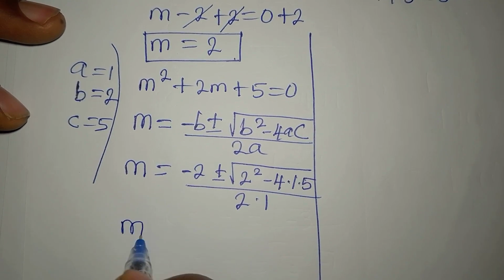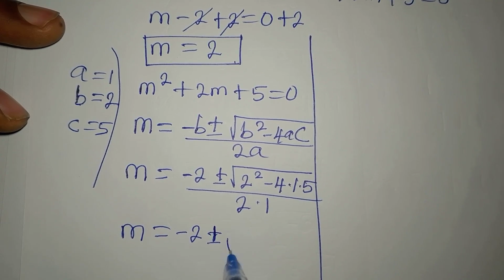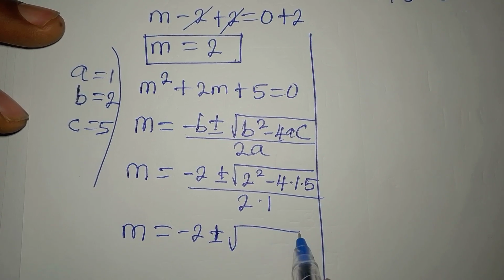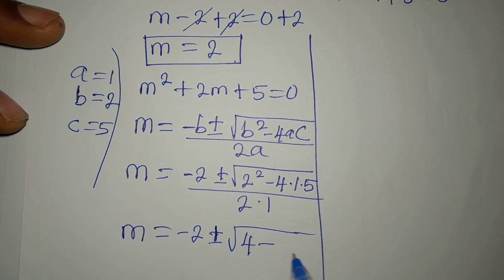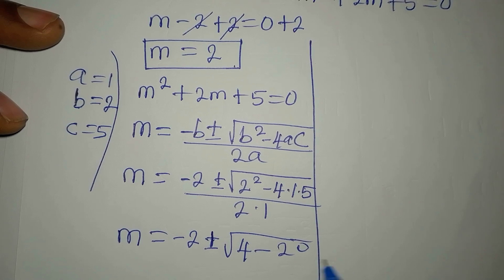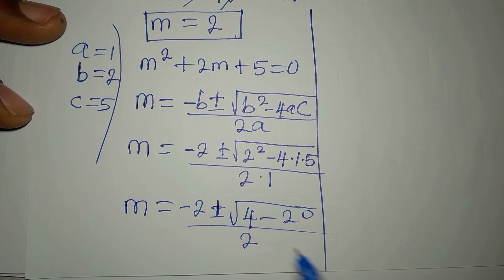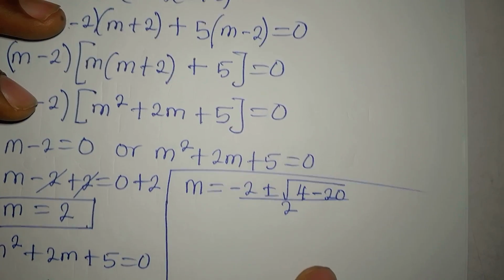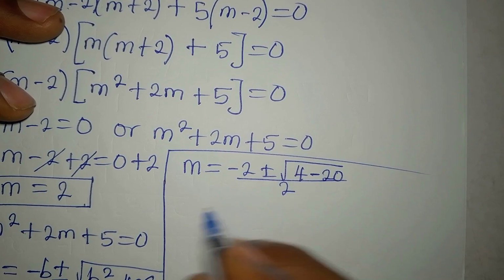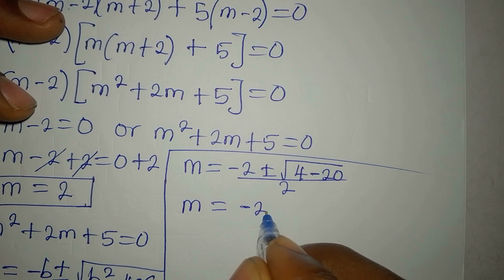Now our m from here is minus 2 plus or minus square root of 2 squared is 4 minus 4 times 1 times 5 is 20. Then we divide all of this by 2. Let us continue. Okay, so this is what we have. Now this means that m is minus 2, right?